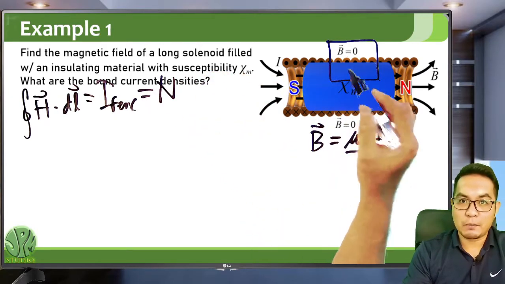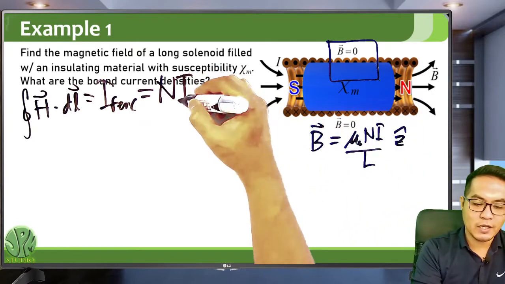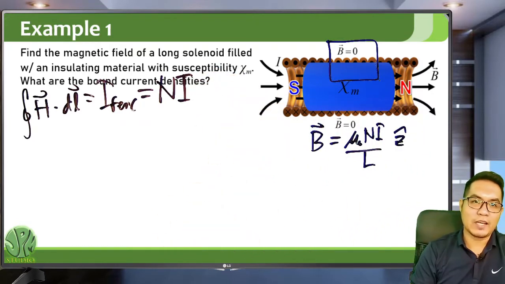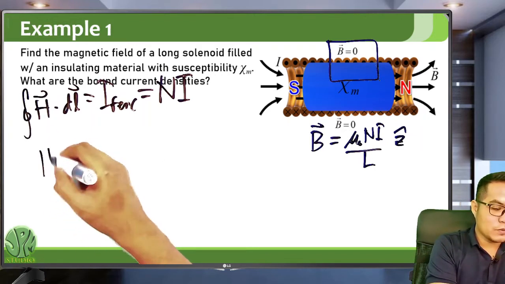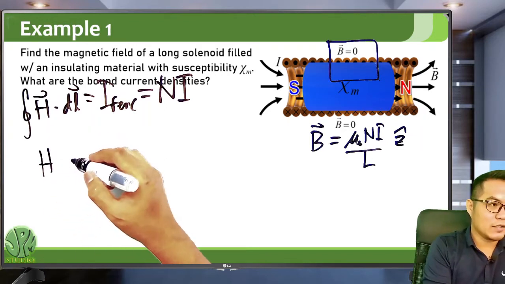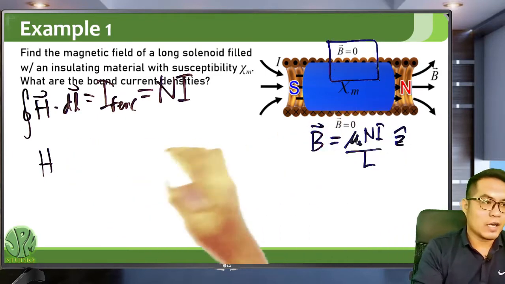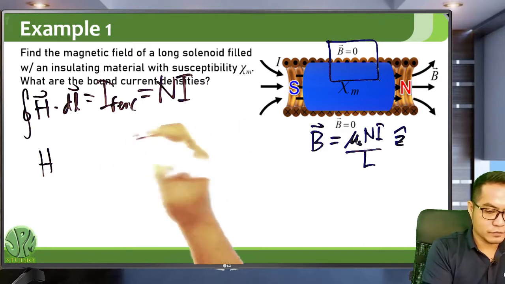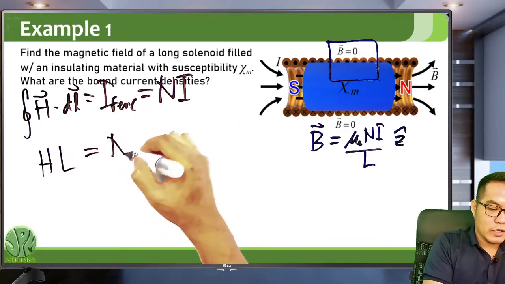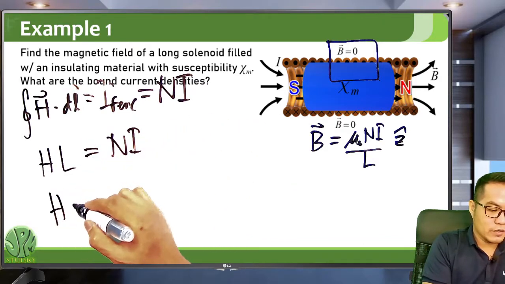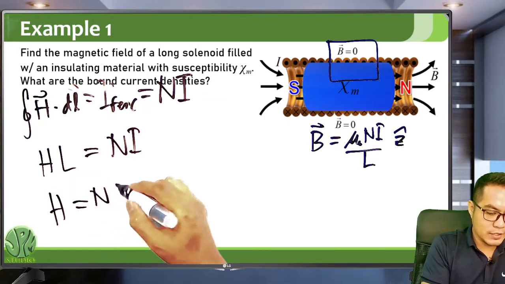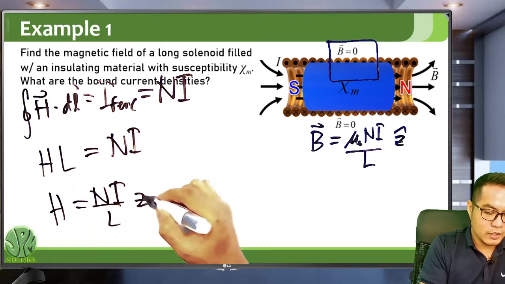This is a solenoid, so the number of turns times the current I. So that is the total free current, N times I. So this will just reduce to H times dl, where dl is just L. Therefore, the auxiliary field is just N I over L z hat.